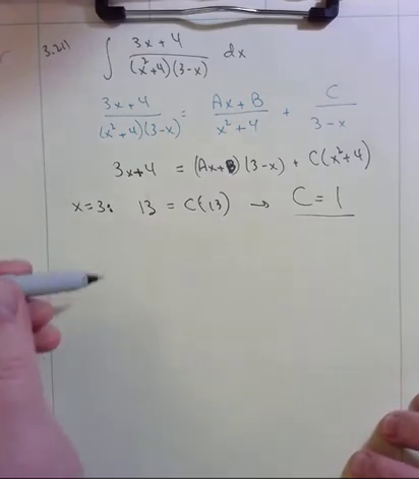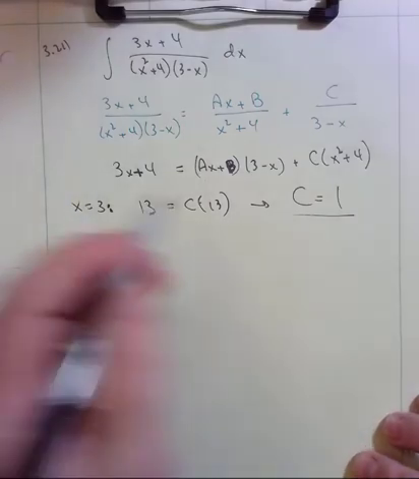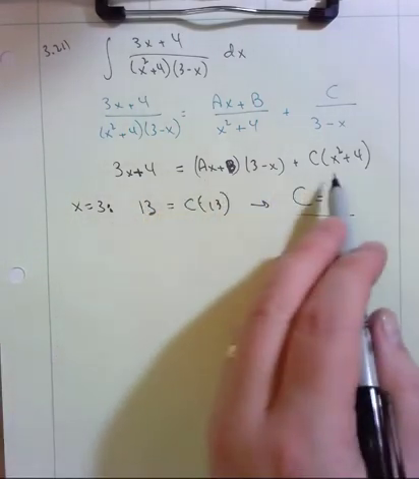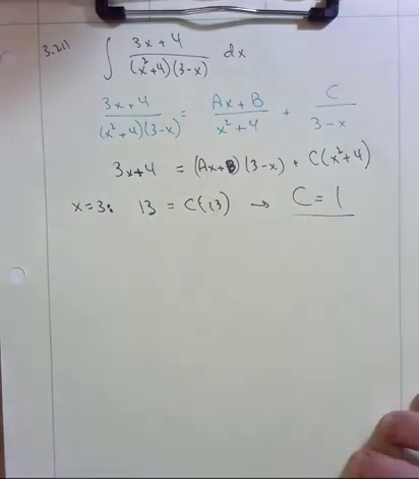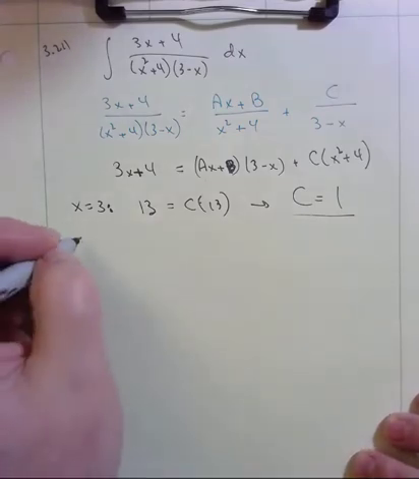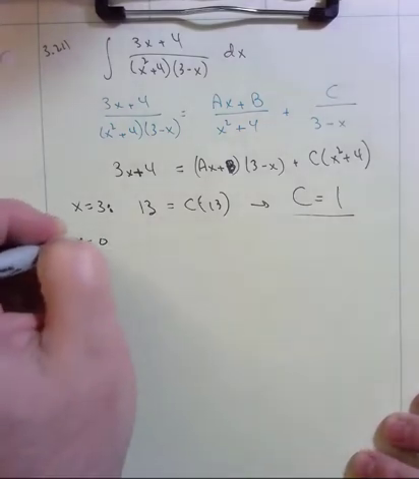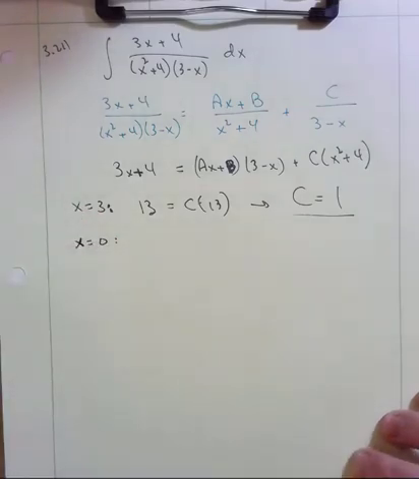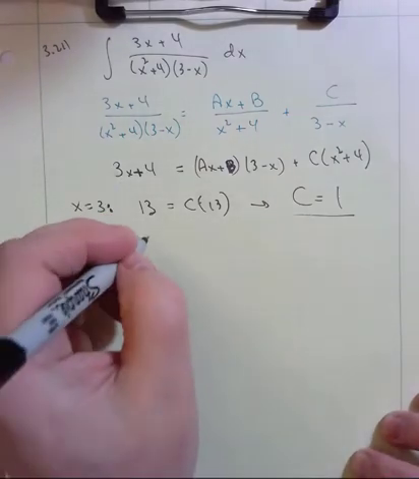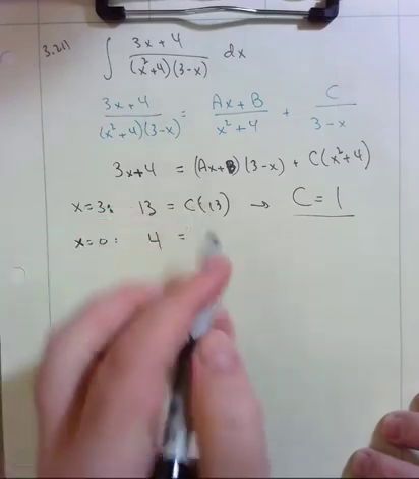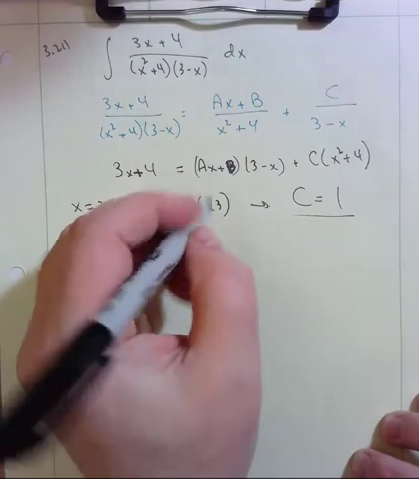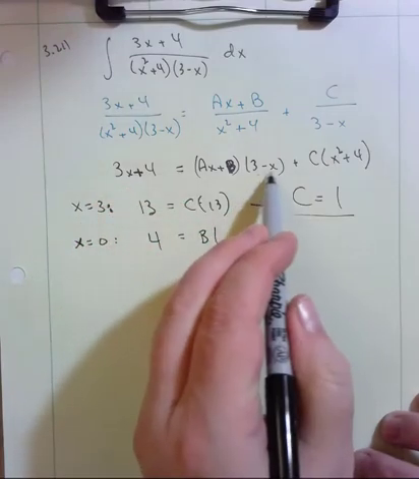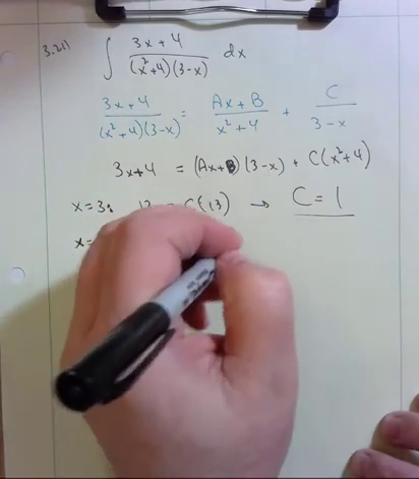Well, let's pick another value of x. X equals 3 was really the only immediately obvious good value because it makes an entire term drop out. There are no values of x that will make entire terms drop out, but x equals 0 is usually a pretty easy value to work with. When x is 0, this left-hand side is 4. This right-hand side starts with 0 plus b times, when x is 0, that's a 3.